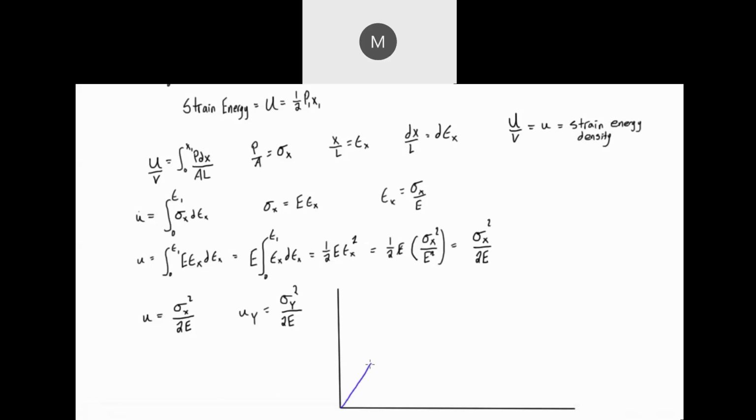You'll have the linear elastic section, maybe if it's steel or something like that. If we calculate the area in this section, all the way up to the yield point, this is what we call the modulus of resistance. This tells us the energy per unit volume that a material can absorb before it yields.